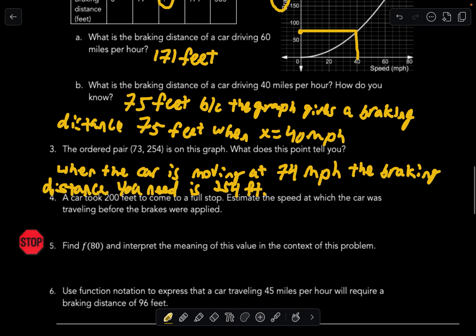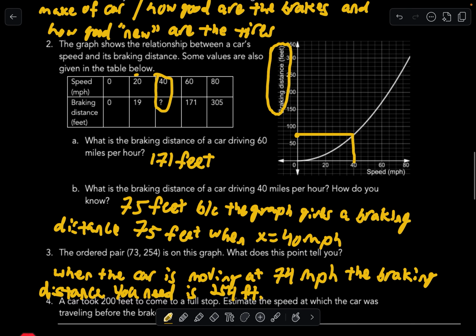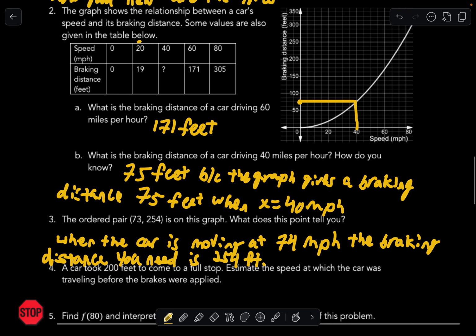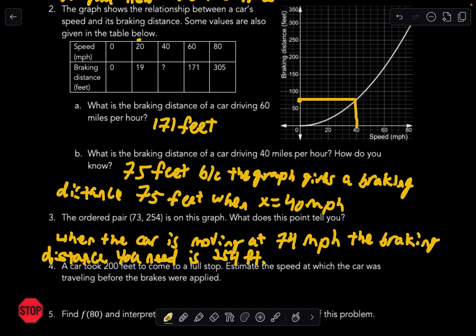Okay. And then number 4, a car took 200 feet to come to a full stop. Estimate the speed at which the car was traveling before the brakes were applied. I should say according to this model, because this is just a model. So if a car took 200 feet to stop, here's 200 feet.